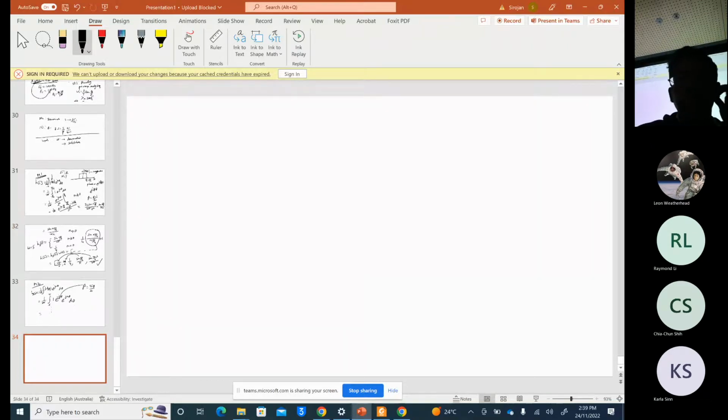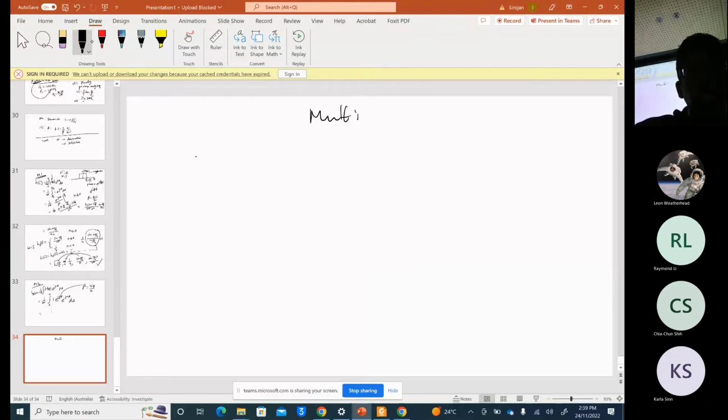So that's about the filter design, and I will quickly go through multi-rate signal processing. That is the last section. For multi-rate signal processing, you have downsampling.